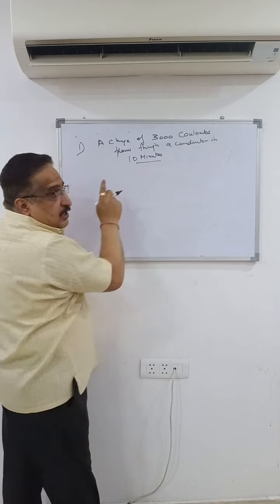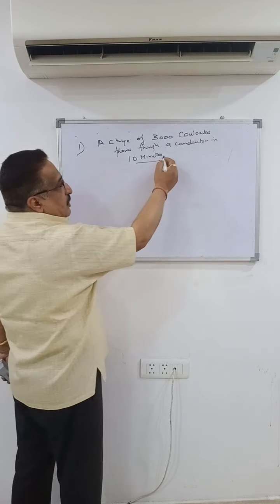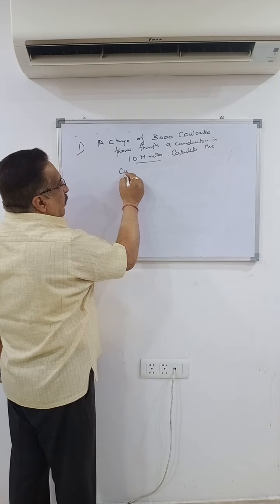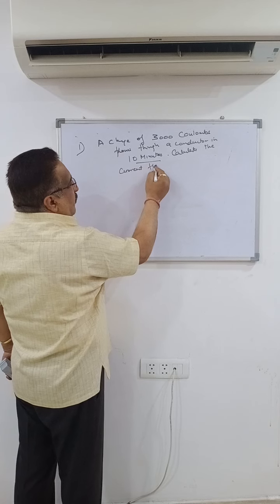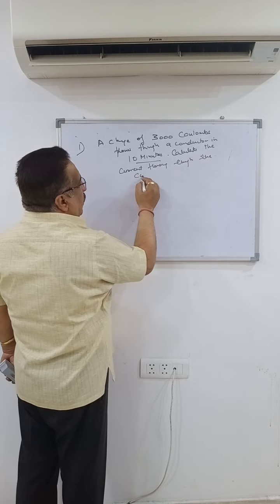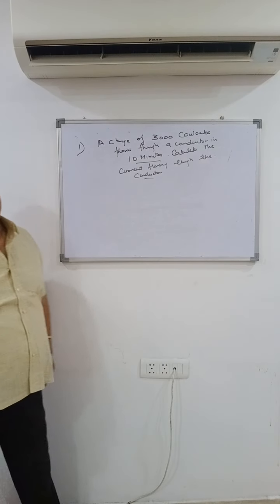Mind you, this is minutes. Underline the things. When you have to change the units, underline them in the question. 10 minutes. Calculate the current flowing through the conductor.